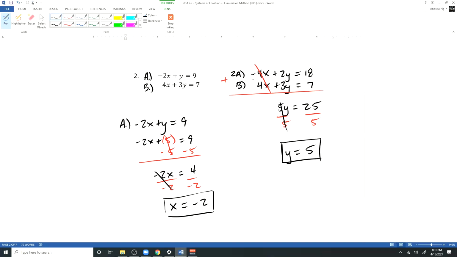It'll subtract out, or in this case, add to 0. And then you're able to solve for the remaining variable. Here we solved y equals 5 and then plugged it into either equation. We just picked equation A to find that x equals negative 2.